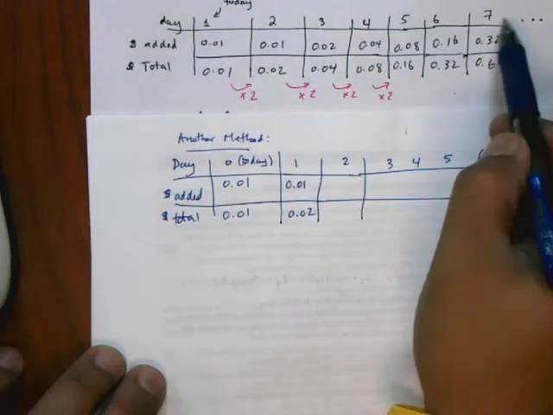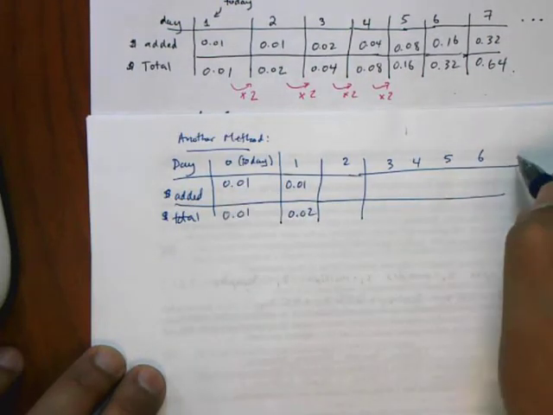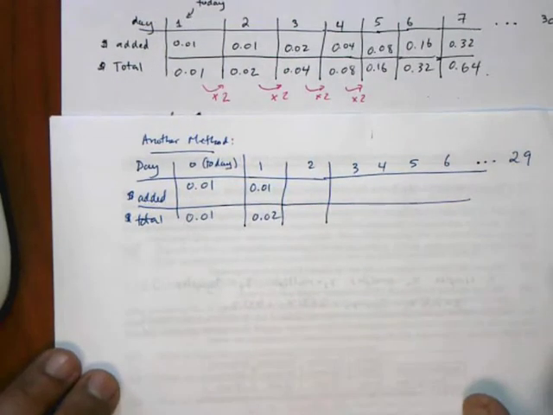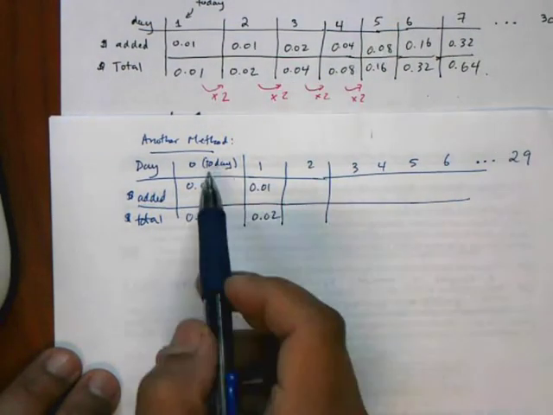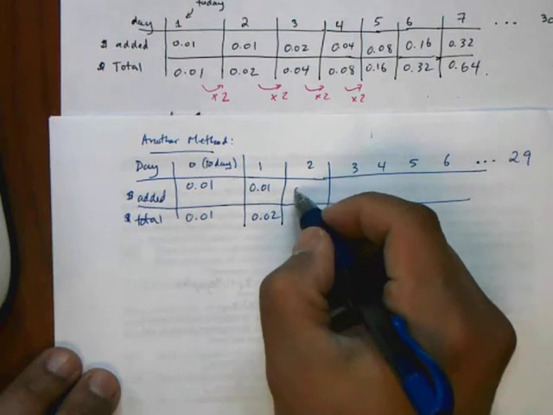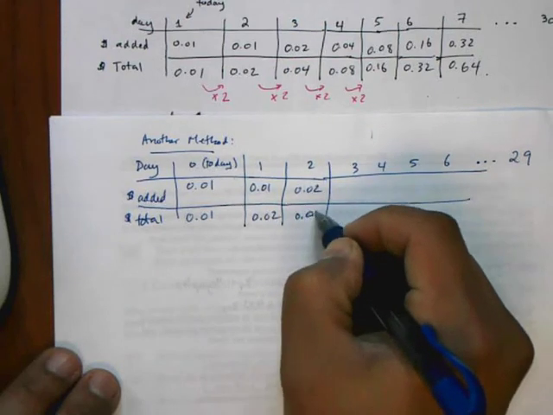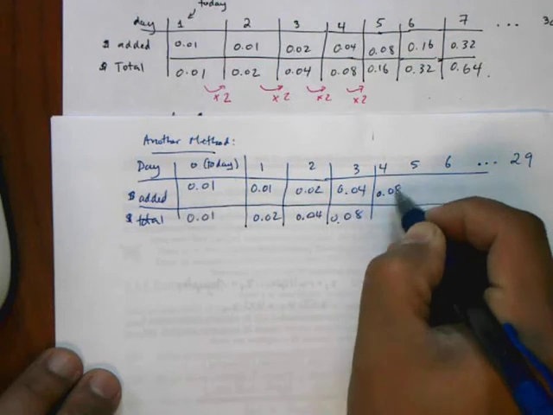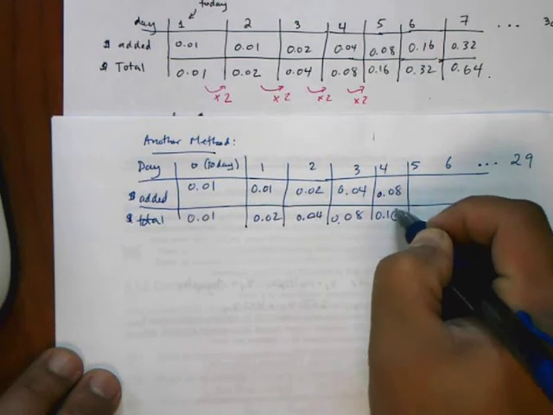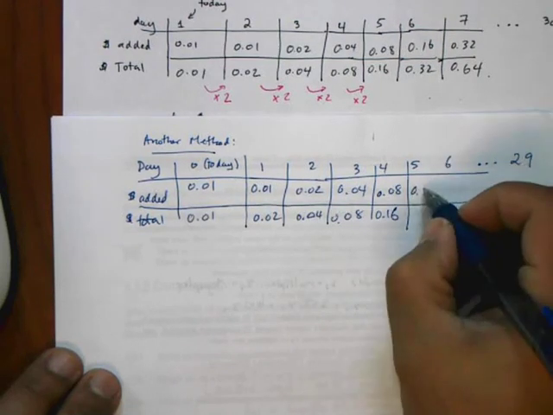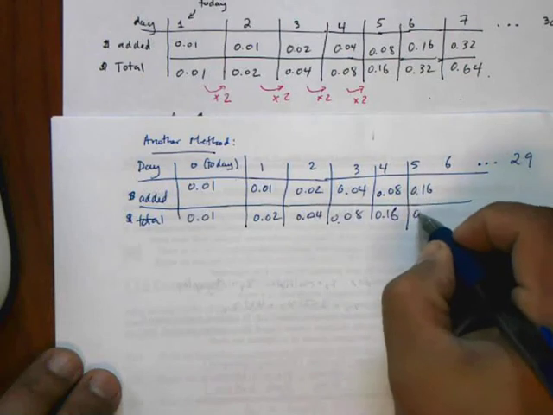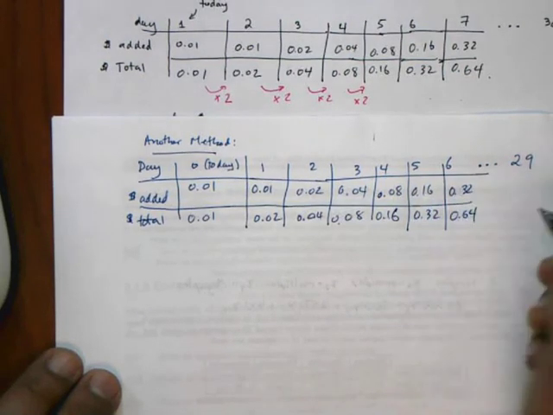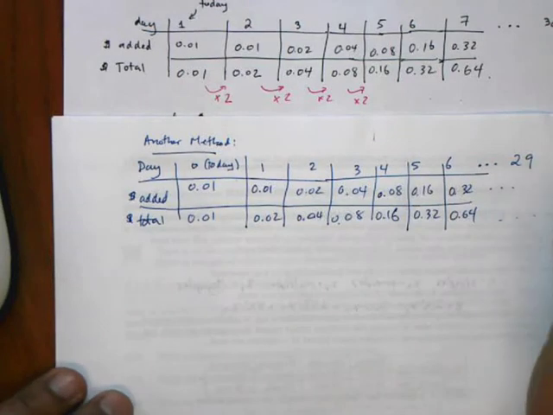So instead of going from 1 to 7, I'm going to go from 0 to 6, and this pattern is going to continue to the 29th day. Okay, so instead of going from 1 to 30, I'm going to go from 0 to 29. And I'll fill this in relatively quickly here. You can hit pause once I'm done writing this, or you can try to fill this all in yourself, because you can certainly do that. And this is going to go on to the 29th day.